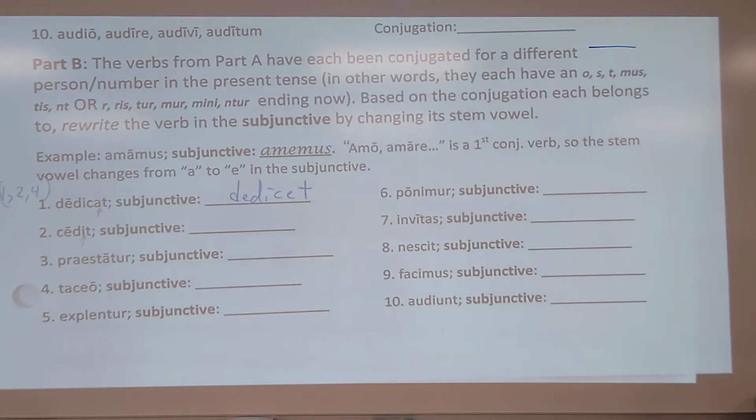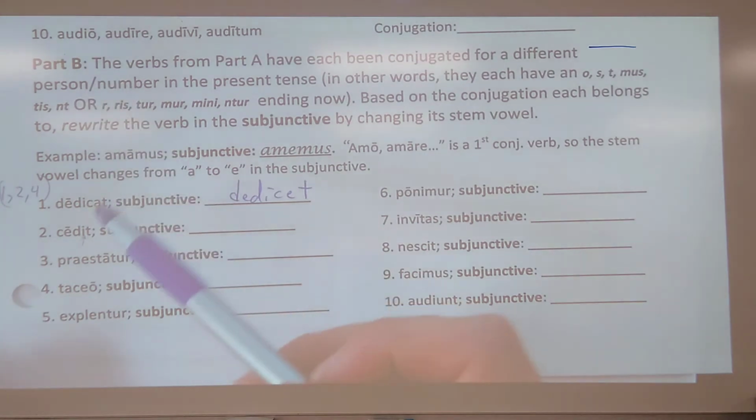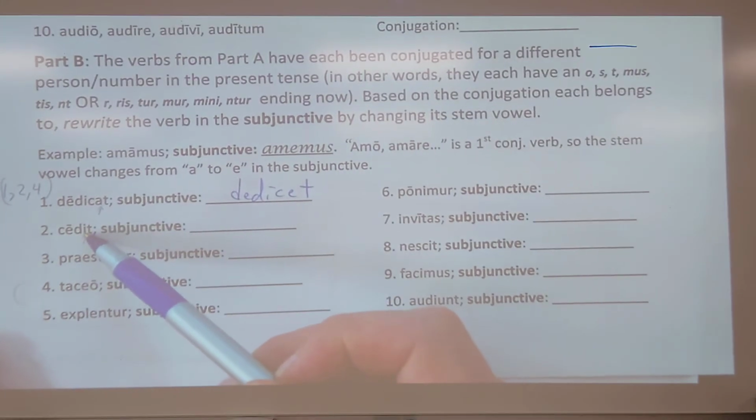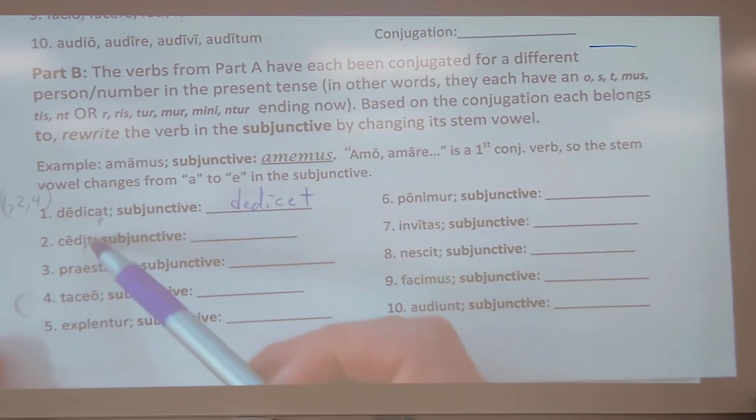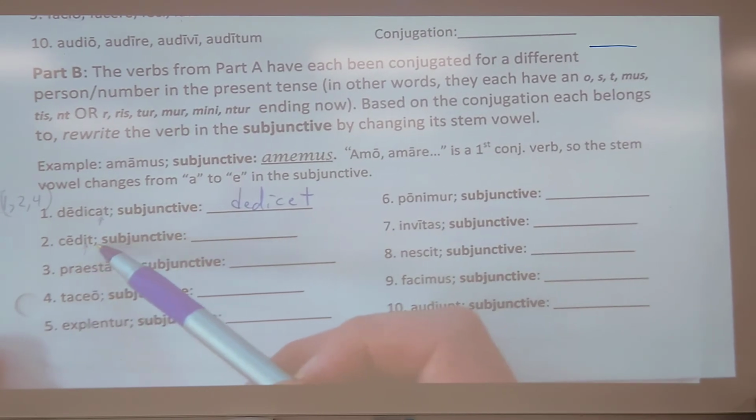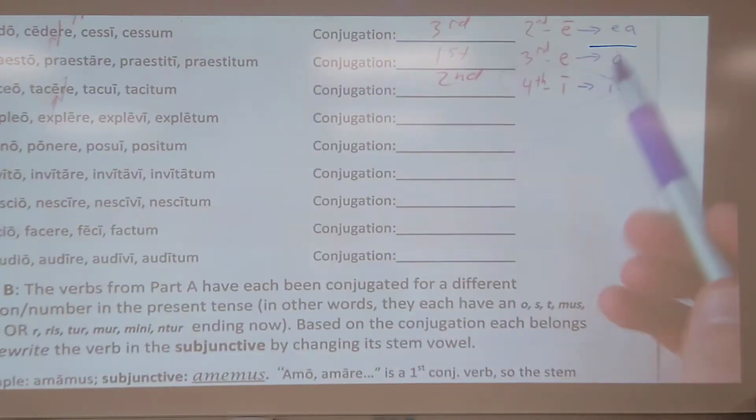Third conjugation verbs conjugate a little weirdly, where in most of the forms, their E changes to an I in the present indicative. So I say that to say, just looking at the I doesn't give it away. You do have to know this is a third conjugation verb. But once we know that, we can make the change.